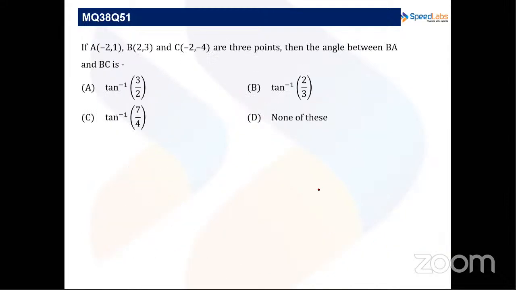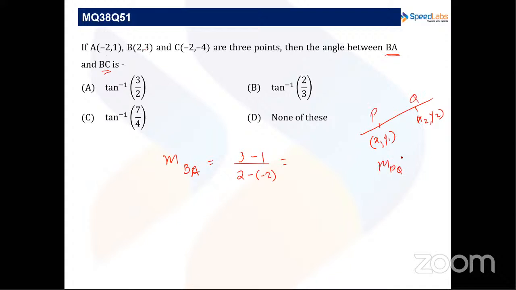Now, let's move to the next question. Our next question is: if A, B, and C are the 3 points, then the angle between BA and BC is... So we can find the slope of line BA. BA will be (3 minus 1) upon (2 minus of minus 2). How we are going to find this: if we are having 2 points (x1, y1) and (x2, y2), then the slope of line PQ is (y2 minus y1) upon (x2 minus x1).